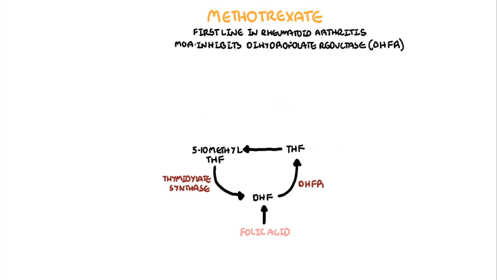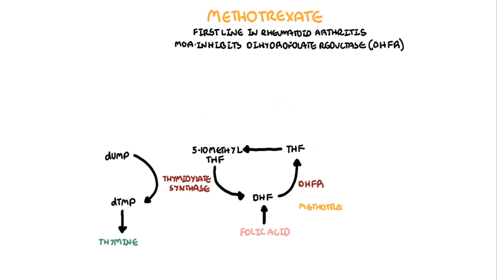And this is a double reaction because with thymidylate synthase, it also converts dUMP to dTMP in the process. And dTMP, through a series of reactions, eventually makes thymine, which is part of the nucleotide that is required for DNA synthesis.